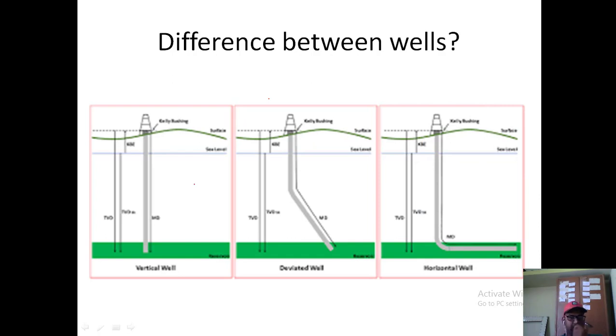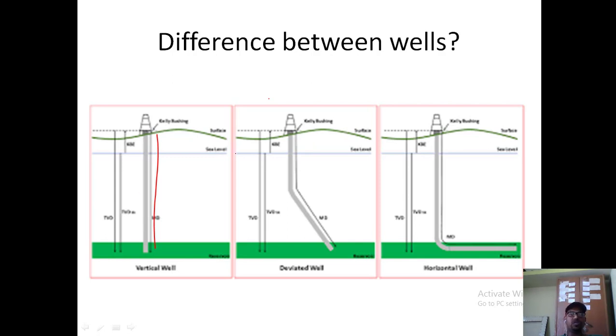Let us consider that this is your drilling base from where you are drilling. The pipe drilling the subsurface is vertical. It's not deviating in any direction. So this particular well is defined as a vertical well where you don't have any kind of deviation.